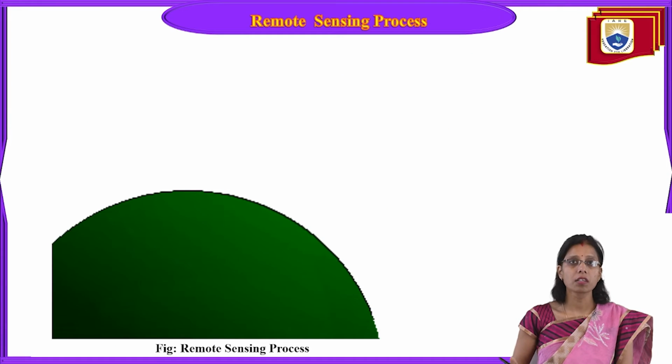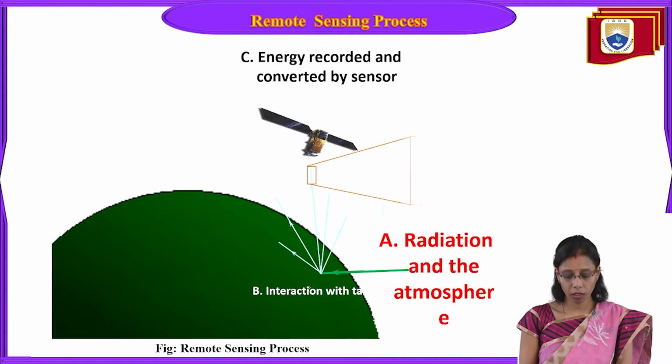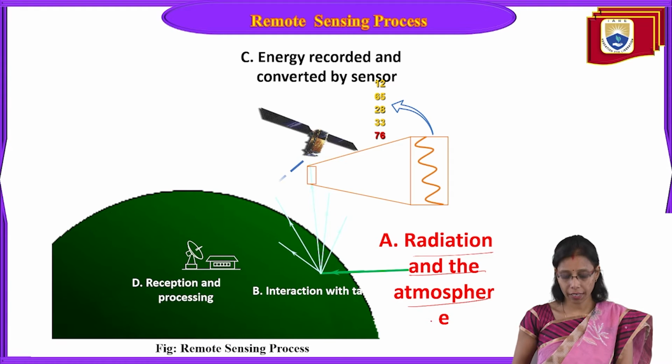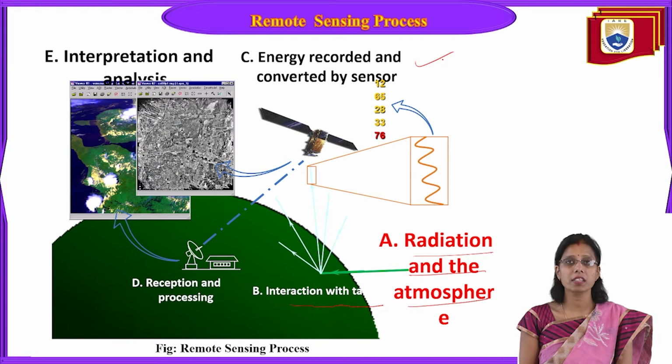It works like this. Now, if we see it in a different way, here we have radiation and the atmosphere. The second thing we see here is interaction with the target. The third thing is energy recorded and converted by the sensor.